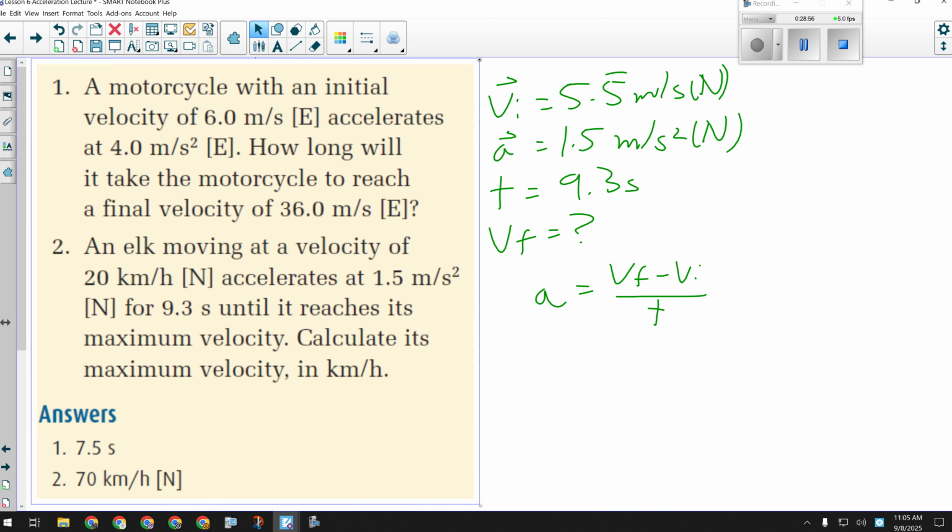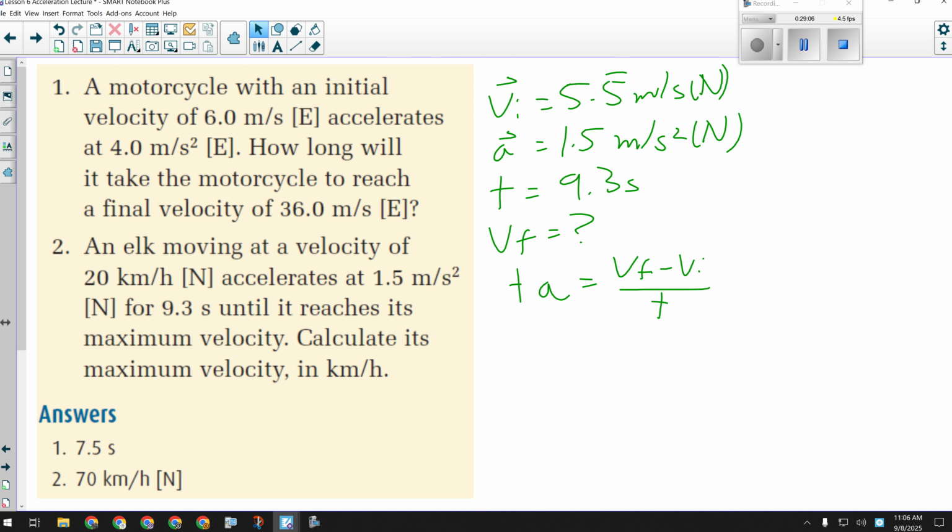t is not attached to Vf. It's below it. Vi is attached to Vf. All right, so I'm going to multiply both sides by t, and then I'm going to add Vi over to the other side.